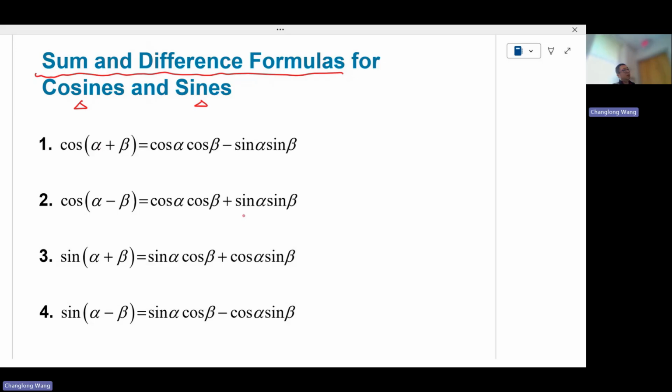But I do have a student in the second period asking me why I'm using alpha and beta, why the author used those two letters. There's no reason why you have to use alpha and beta. If you don't like them, you can make them capital A and B, or even lowercase a, b, x, y. But sometimes, if you have to talk to people from a different environment, they might get confused by your notation.